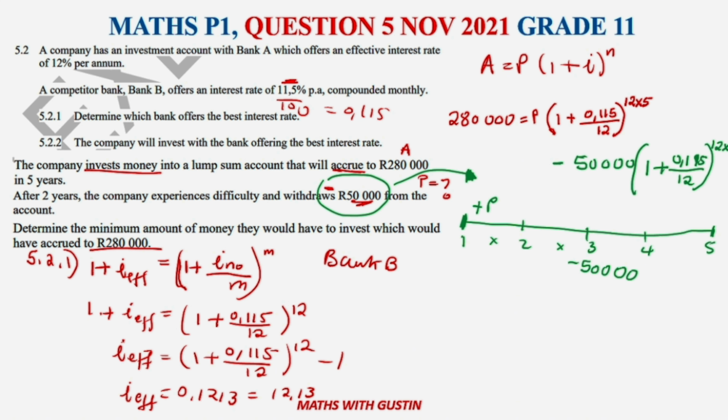Okay, I'm gonna continue here, and then I'm gonna put everything nicely here. Let me just write it down properly here for you guys to understand. So it's gonna be 280,000 is equals to P (1 + 0.115/12)^(12 times 5) minus 50,000, and therefore we have got this one.